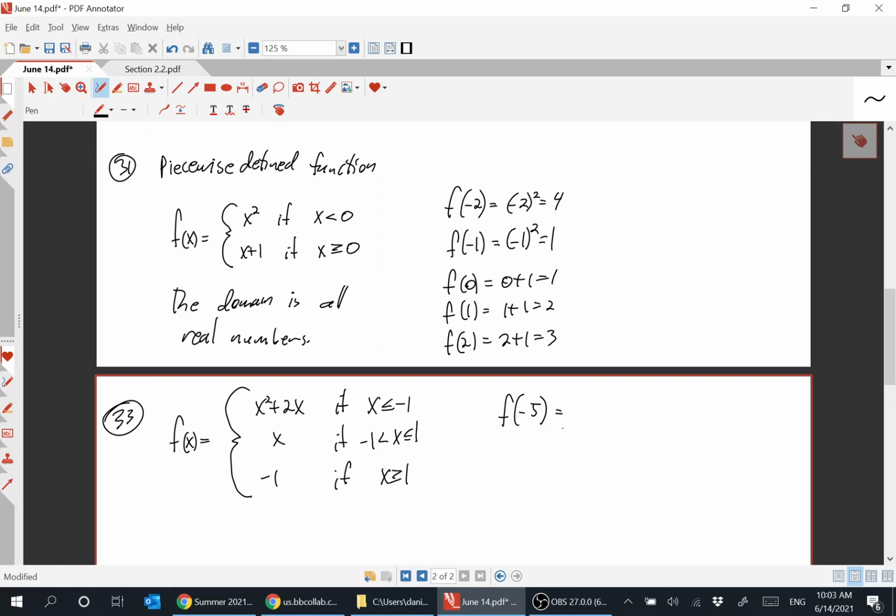f of -5, which piece of the piecewise function do we use for x equal to -5? Top, middle, or bottom? Top one. Right, so that's -5 squared plus 2 times -5. 25 minus 10 is 15.